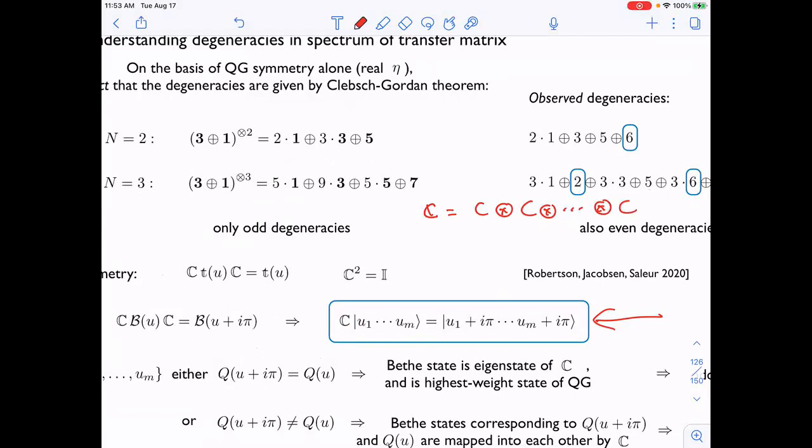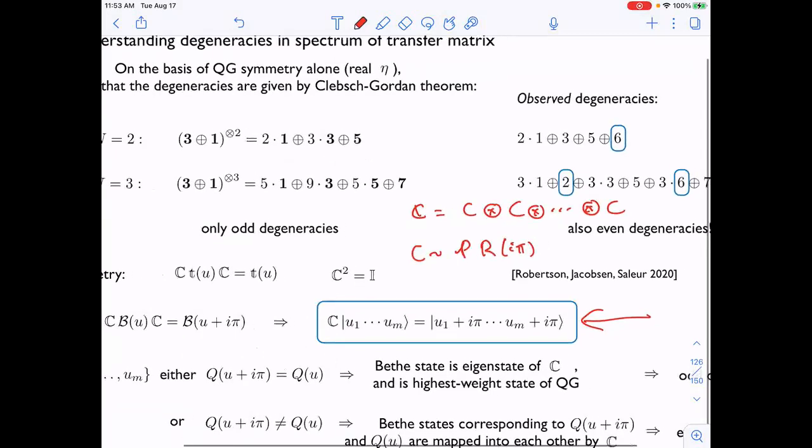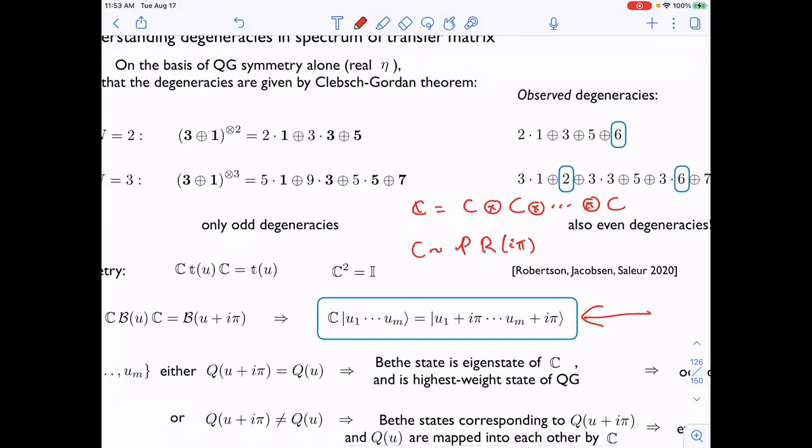Right, so C is basically, I forgot, but it's like permutation times R by pi. That's your C, and then this blackboard C is just two n copies of this C, and so it's obvious that acting on a Bethe state, it just shifts all the rapidities by pi.